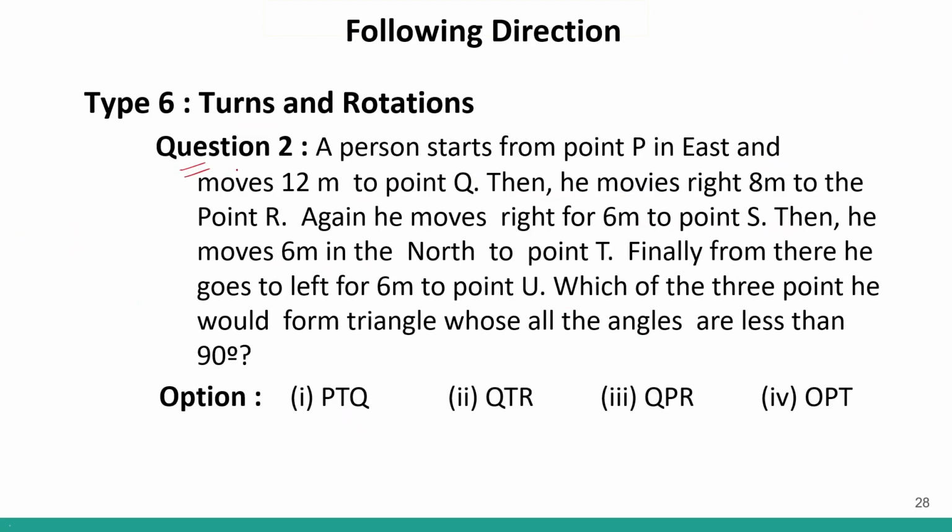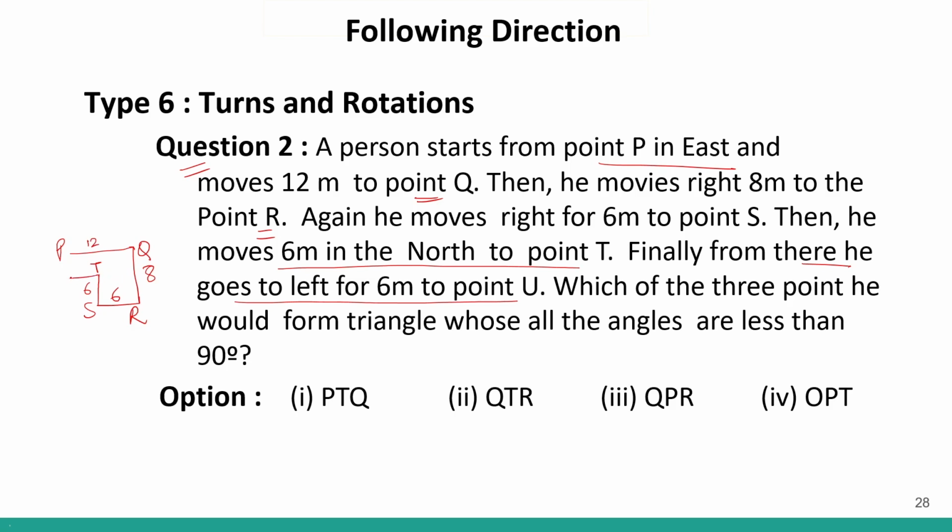Now question number 2. A person starts from point P in east and moves 12 meter to point Q. So this is point P and he moves 12 meter east to reach point Q. Then he moves right 8 meter to reach point R. Again he moves right, so right will be this direction, 6 meter to reach point S. Then he moves 6 meter north to point T. So 6 meter north, this is 12 and this is T. From there he goes to left for 6 meter.